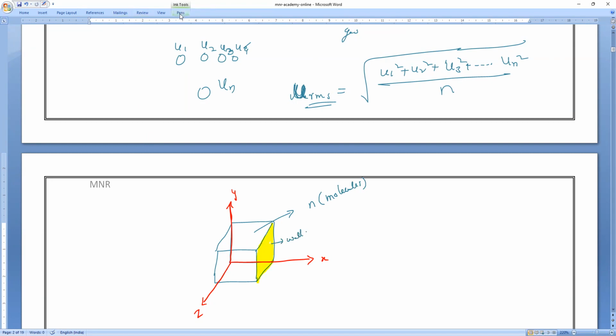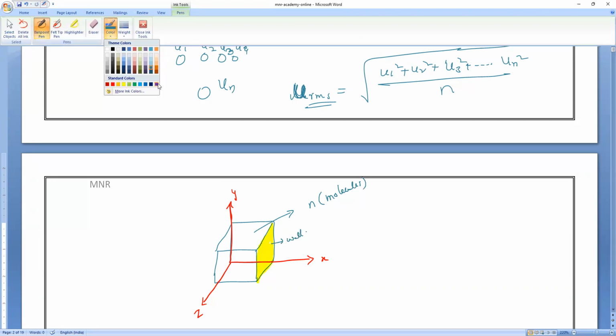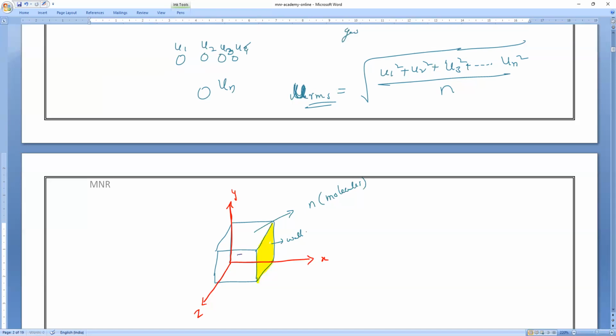Now let us imagine a single particle. The total mass is M, and the small mass of this particle is m. Let this particle be moving with velocity u.